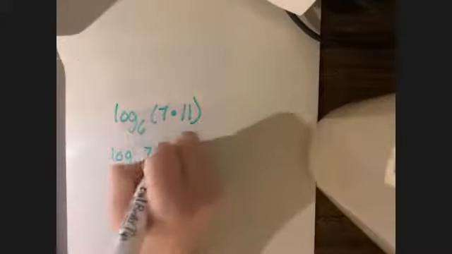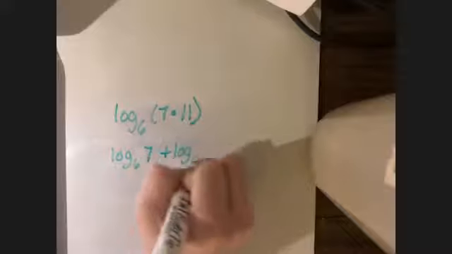So we're going to start with log base 6 of 7 times 11, okay? And so we can separate this to log base 6 of 7 plus log base 6 of 11. Okay, and that is as good as that gets. It can't go any farther.